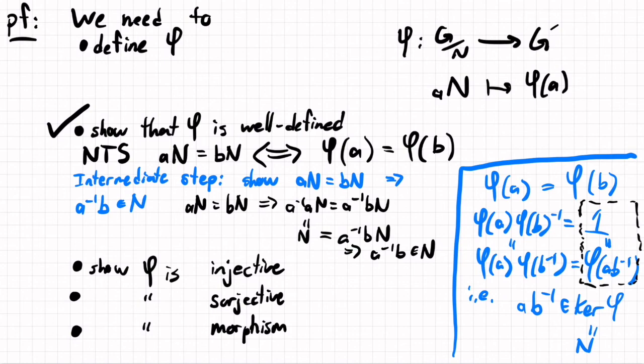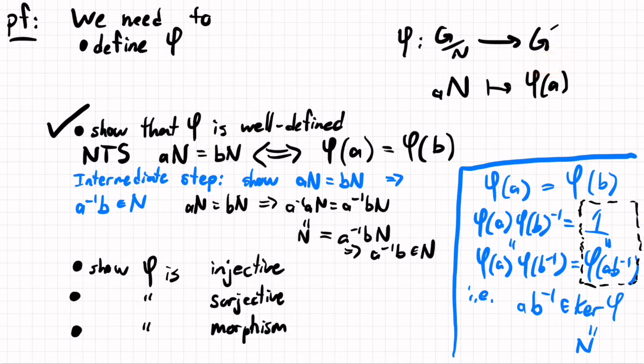So what that means is that anytime two cosets are the same coset, phi(a) is going to be equal to phi(b). But the thing is that if we have two different cosets, then we're going to get two different things in G prime.